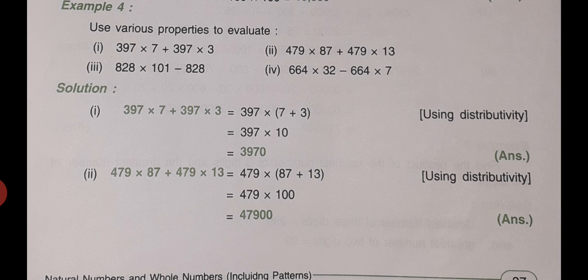Coming to the second example, similarly you can see as the first example, here 479 is common. So, using distributive property we shall write 479 into 87 plus 13 and the answer is 479 into 100 equals 47,900.